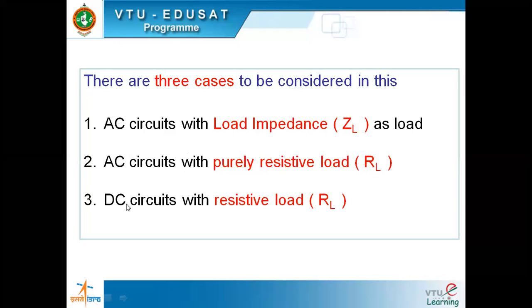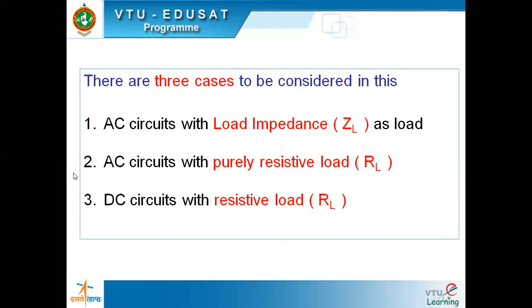And the third case is DC circuit. DC circuit means we'll not be talking about impedance at all. DC circuits means it's only resistive load. But in AC circuits, you can have resistive load as well as load which is an impedance. Okay, so these three cases are what we are going to look at. Case number one, AC circuits with impedance as the load.